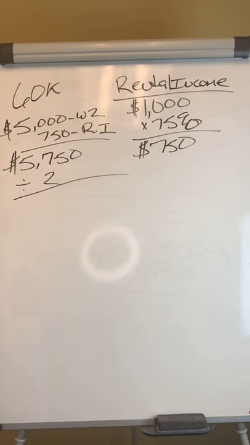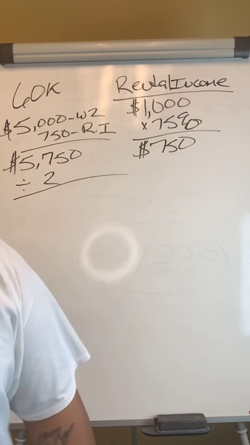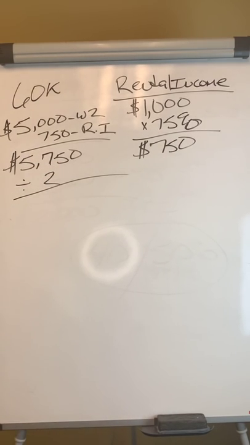What's the number we're looking for? All right? $5,750. Divide that by 2. What's the number? All right? So what's the number, guys? What's the number? Put it in the comments. $2,875. Simple math, right? $2,875.